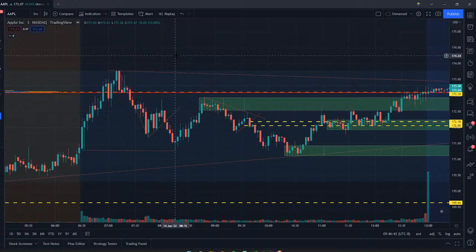and always ask yourself, am I in an uptrend? Am I in a downtrend? Here on Apple, we go from an uptrend to a downtrend, back to an uptrend, back to a downtrend, uptrend. We actually started a downtrend here, I think. It's kind of hard to say.